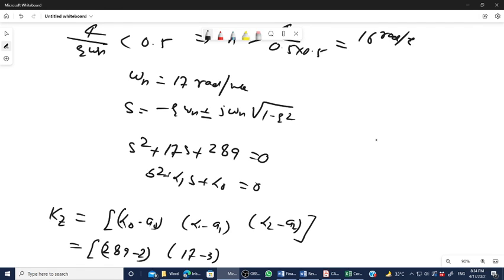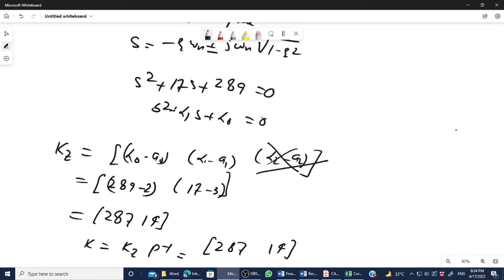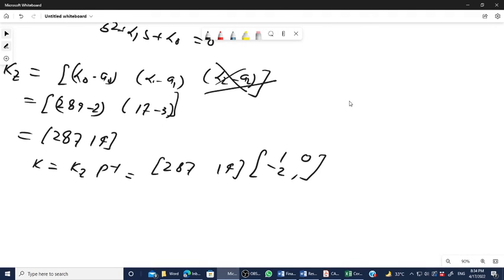Since it is a second order system, we are not going to consider the other term. So your answer becomes [287 14]. This is Kz. Now you can convert to K by applying Kz into P inverse, that is [287 14] times [1 0; -2 1]. With the help of this equation, you can solve it and get [259 14]. So this is the ultimate answer.